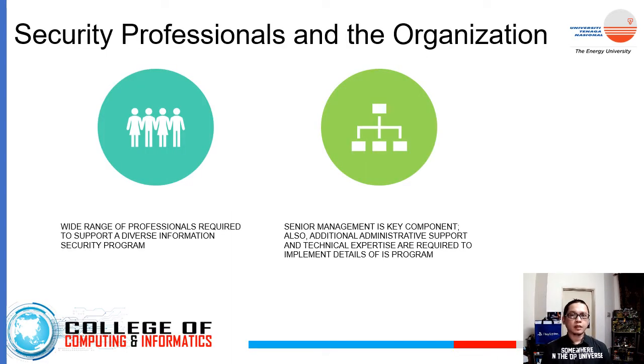In any organization, we usually have two types of professionals in the team. First of all, we have the management team, which usually caters for the policy and procedures that can be implemented in order to protect the asset or make sure business runs smoothly. And we also have the security professionals, who have a wide range of expertise in terms of technical, perhaps policy knowledge, or personnel management.